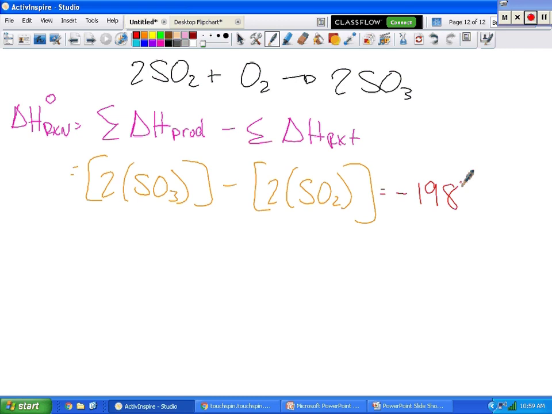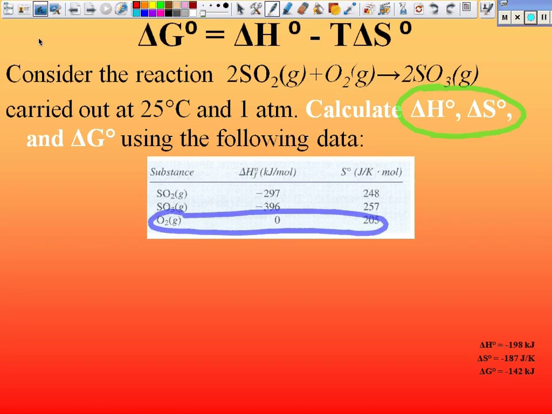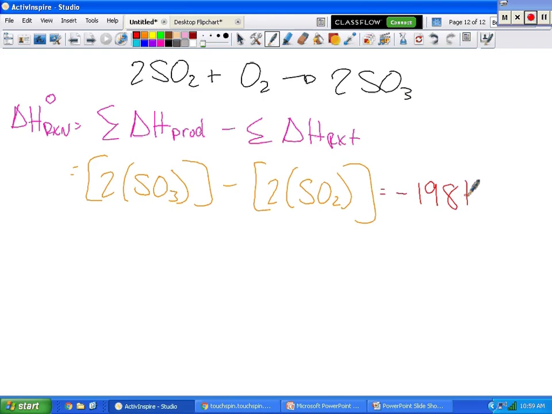Let me key you in on something. Anytime they ever give you this stuff, if you will go back and actually look at the table, the units are given in the table. So what is the delta H unit? Kilojoules per mole of reaction. Okay?